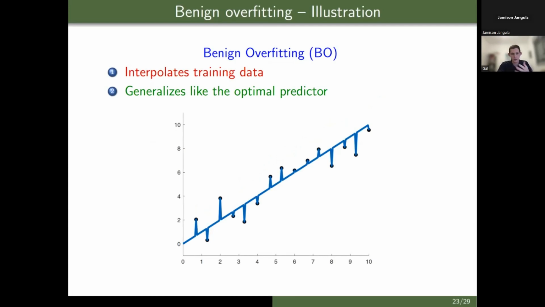Now, of course, this is just an illustration. If we train an actual neural network with this specific data, we will not get benign overfitting, but this is an illustration to understand the notion of benign overfitting.